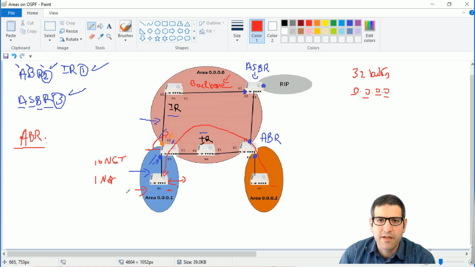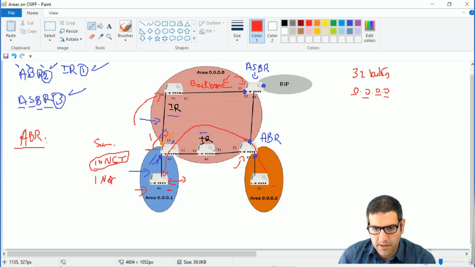If not, we will see it in the lab. Instead of having 10 entries coming from this area inside the routing table of every router, which will take more memory, it will inject only one network, which is a summary of these 10 networks. Then we have only one network in the routing table inside the backbone area. That's something the ABR can do. We can do summarization only on the ABR. We cannot do summarization on the internal routers.